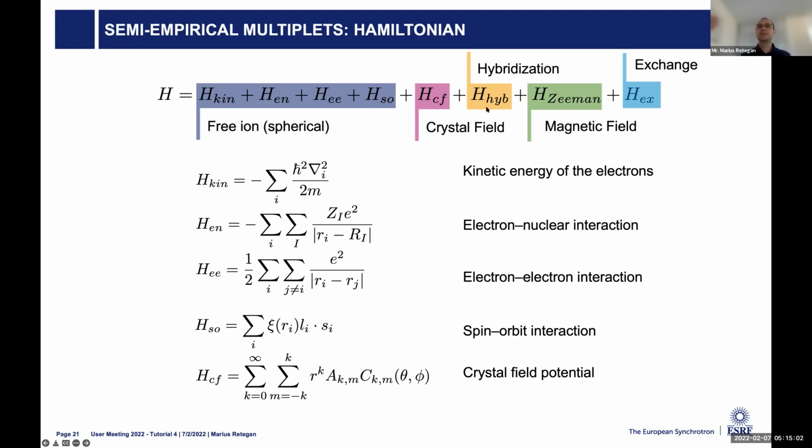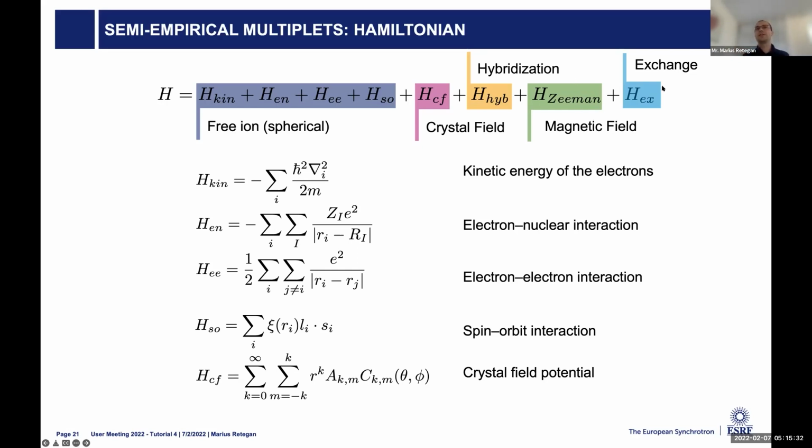Then you can allow hybridization. Hybridization simply means that, in addition to having some electric charges, the orbitals of the ligands will be able to interact with your metal, for example. By hybridizing, they are going to influence how the absorption spectrum is going to look.